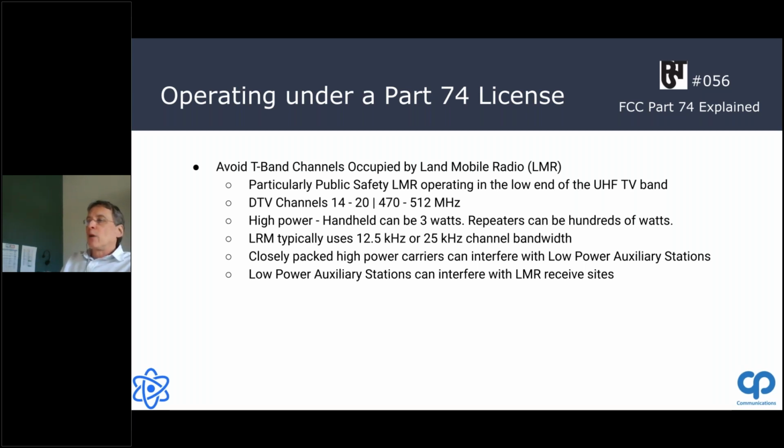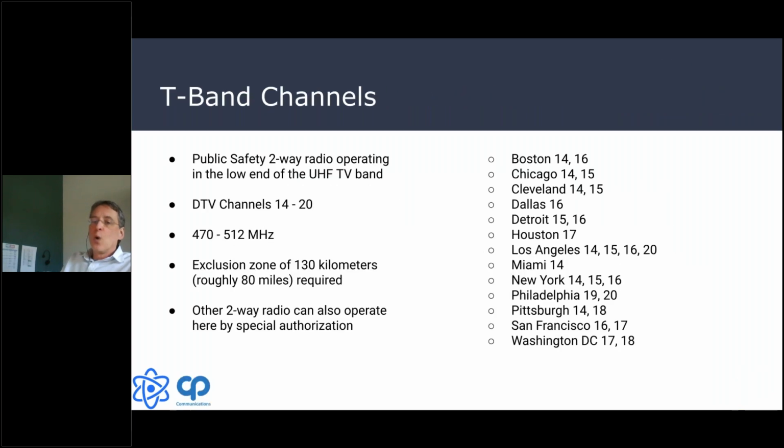Given that a wireless microphone has an occupied channel bandwidth of about 100 kilohertz and a channel designation of 200 kilohertz, there's no way you can avoid landing on several land mobile radio active frequencies. And that's why we're telling you to avoid active land mobile radio channels with public safety in them.